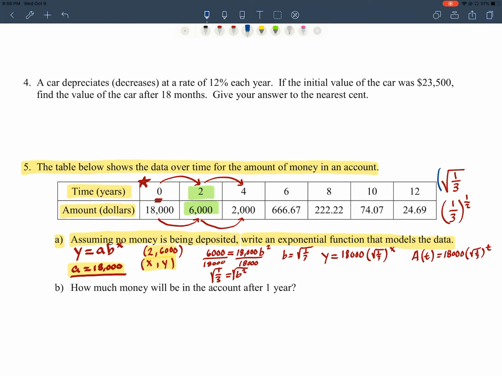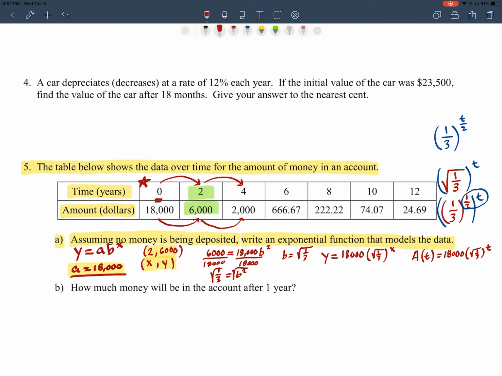And since we're raising that to the power of x or the power of t, we can now apply our property of exponents where we're raising a power to a power, and we can rewrite this as 1/3 raised to the power of t divided by 2. Then we could throw that down in here. So that would just change what our equation looks like a little bit.